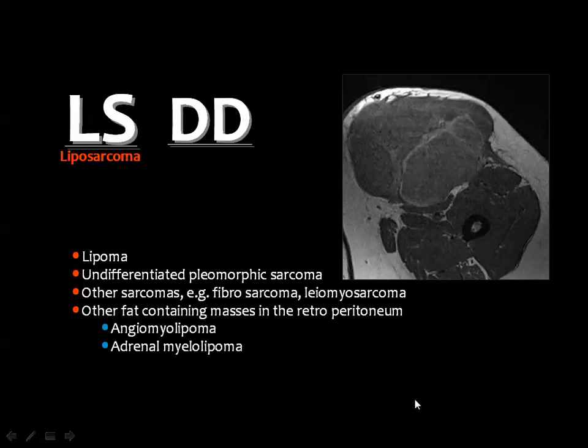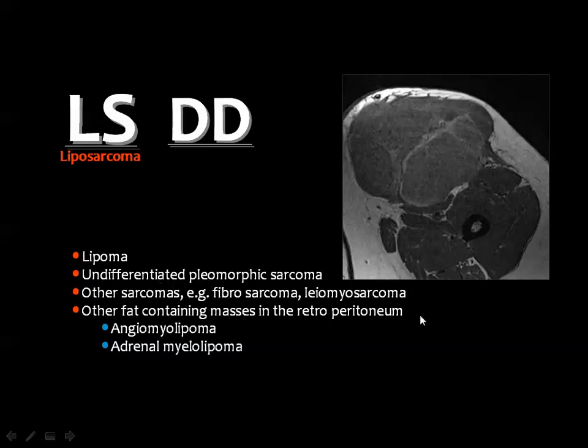And this is a big mass in the anterior aspect of the thigh, and this mass, of course, does not show signal intensity similar to the fat. Liposarcoma, if it contains a significant amount of fat, can be mistaken for simple lipoma, and if it contains a poor amount of fat, it may be mistaken for other types of sarcomas like adult type fibrosarcoma, malignant fibrous histiocytoma or leiomyosarcoma.